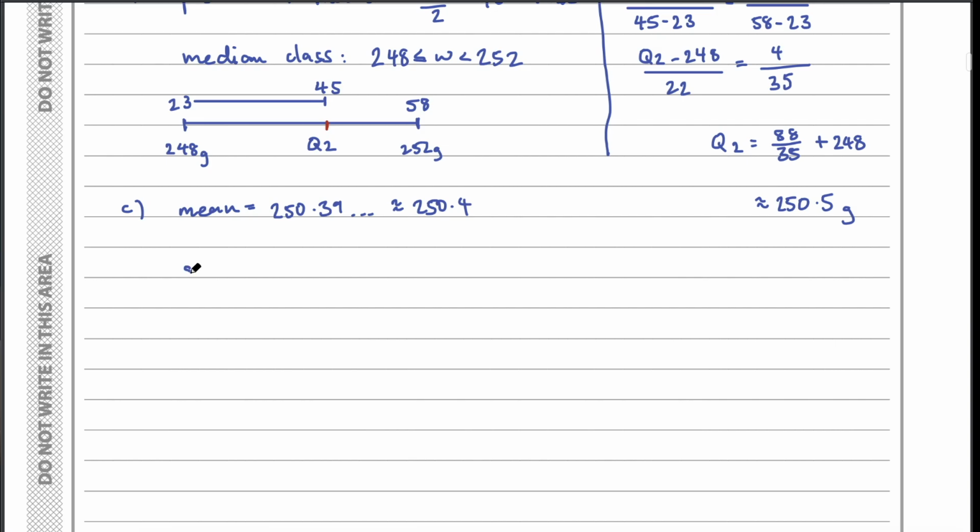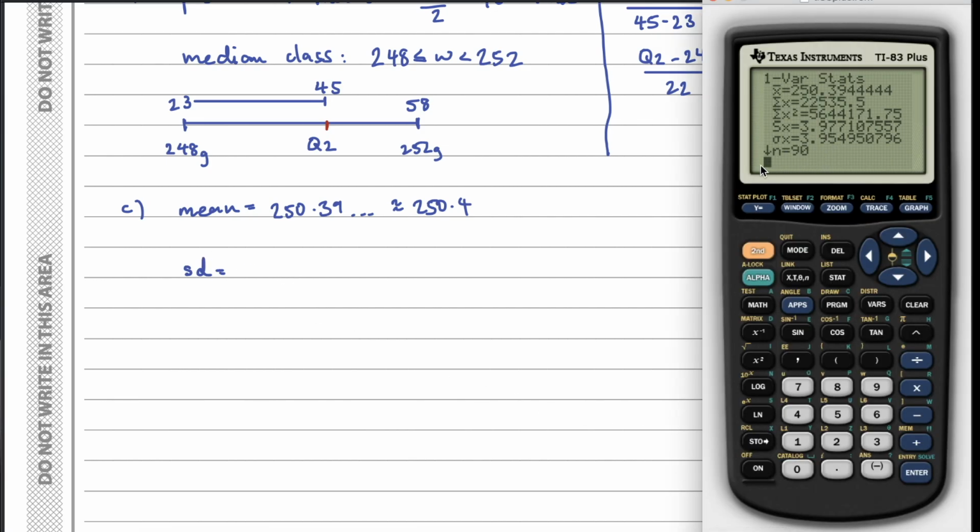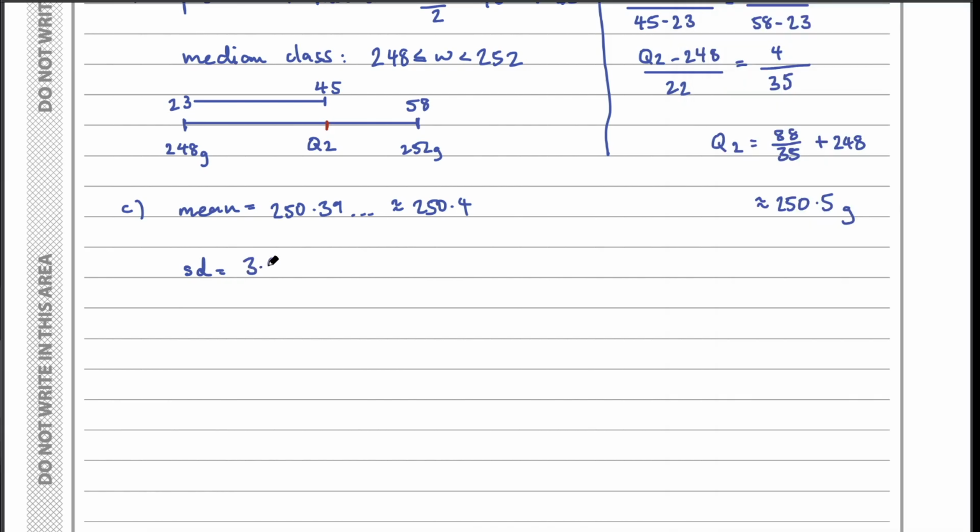And the standard deviation was 3.95, and this is approximately equal to, if you round this up, well, 9 is going to round up to 10, so this is going to round to 4.0 to 1 decimal place. Okay, so that's part C.